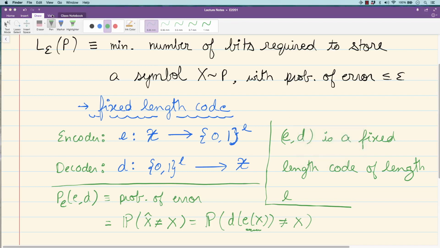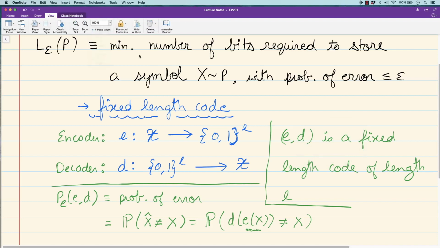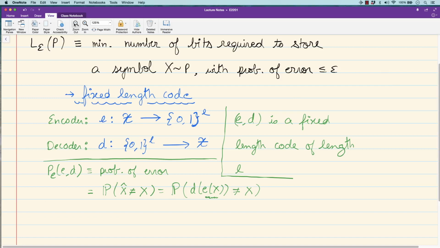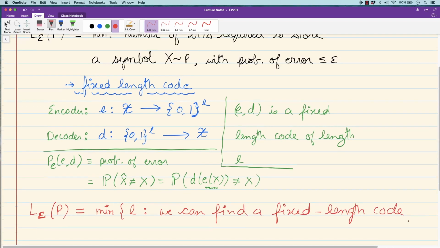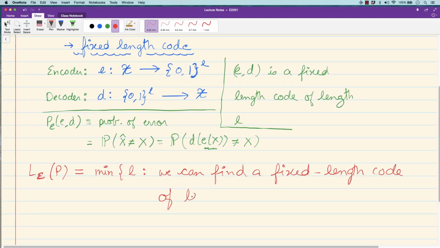In particular, this L epsilon P will be given by the minimum over all L such that we can find a fixed length code of length L and probability of error less than or equal to epsilon. That's what L epsilon P is.